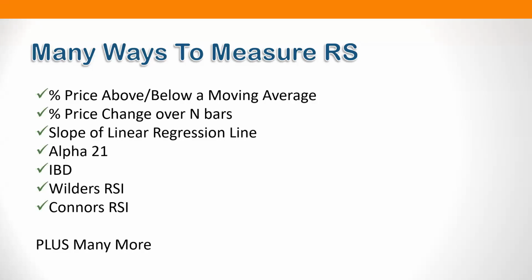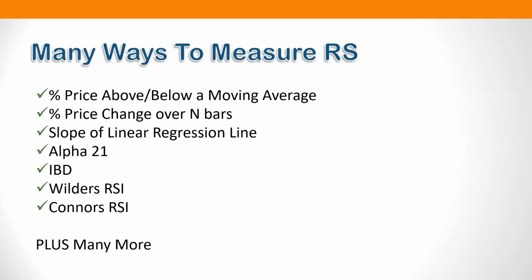And then you have things like Wilder's RSI. Everyone's heard of that. That's a very common. Relative strength index is the name of that. And then Connor's RSI. That's recently, within the last, I would say, 8 years, been released by the Connors Group. And just another way of dealing with relative strength. Now, there are some differences in all of these. Obviously, they're going to give different numbers.